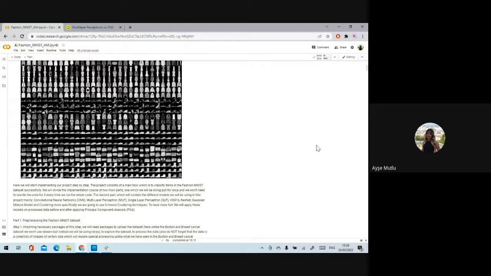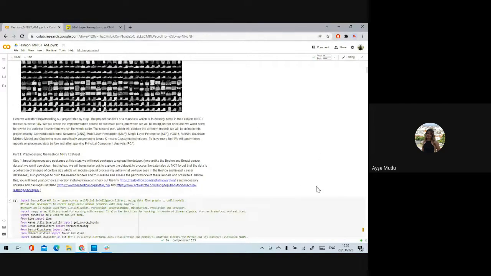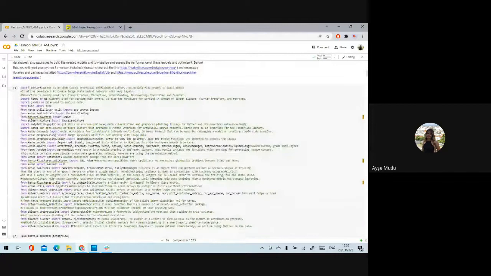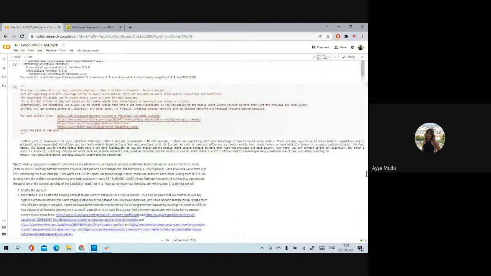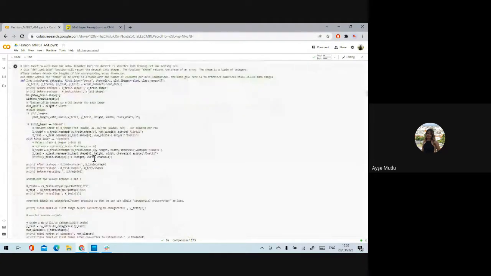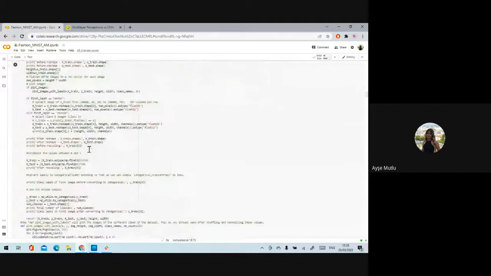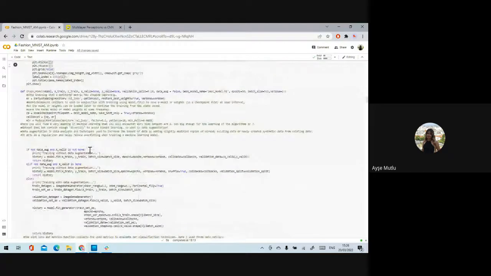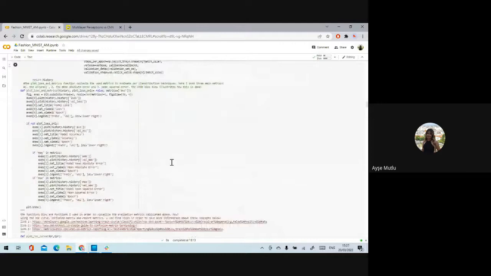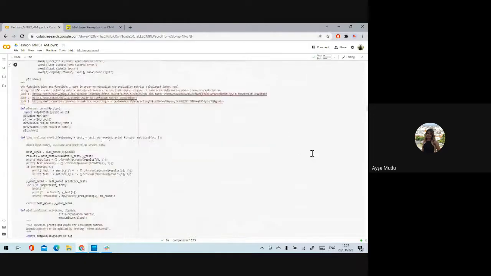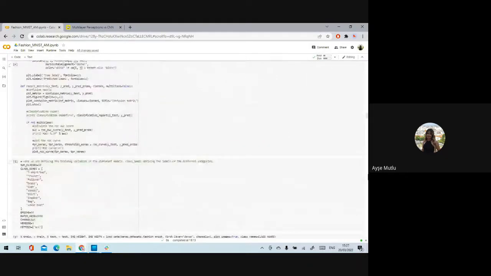Last week, we looked at the patient MNIST datasets. In the code, we had some functions which we defined to load the dataset, for plotting, to train the model, or to print out the matrix.